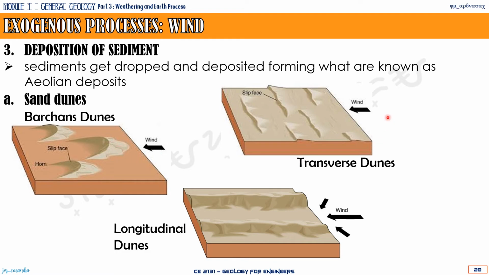Ang transverse naman, ito yung wind ko, tapos yung nafo-form na land formation is perpendicular to the direction of the wind. While for longitudinal, yung parang hati niya is parallel to the direction of the wind. Okay?